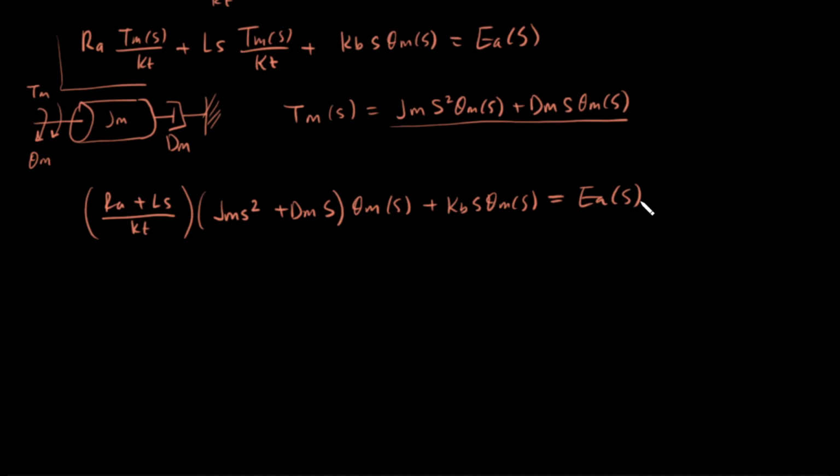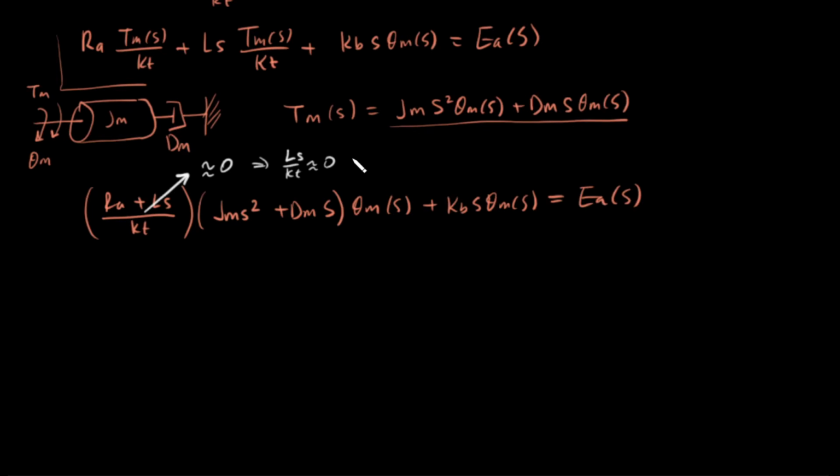Okay, so that's how we included the circuit and the electrical dynamics and the motor dynamics. Now, typically, our inductance is really low, so we say that the inductance is approximately equal to 0. So then the Ls over Kt term is approximately equal to 0.